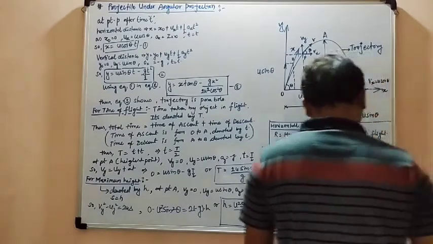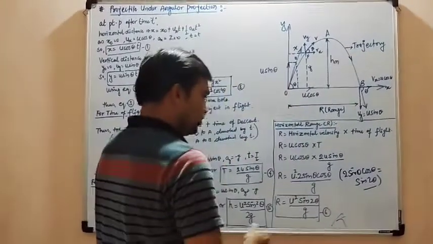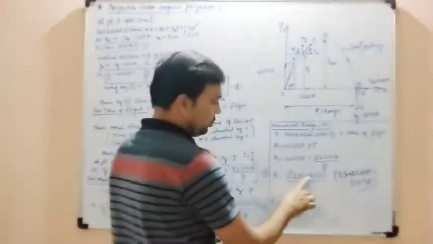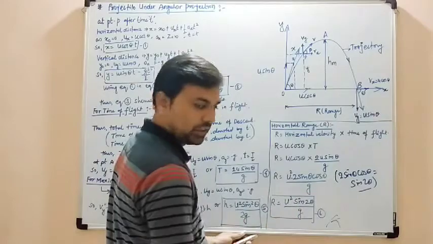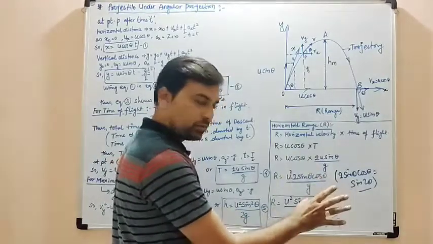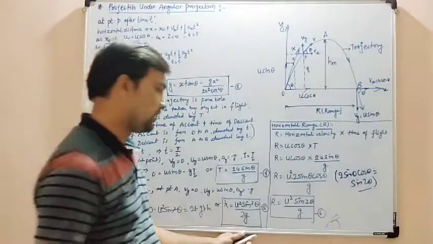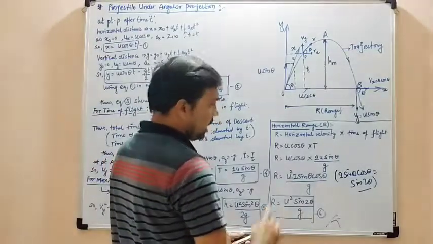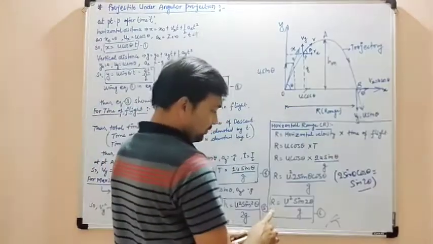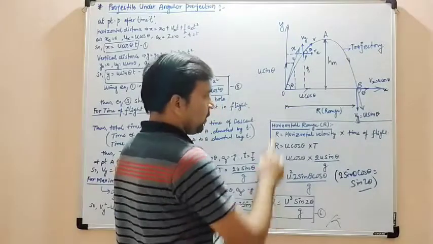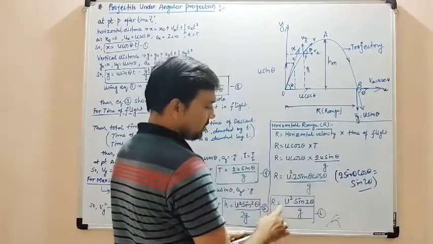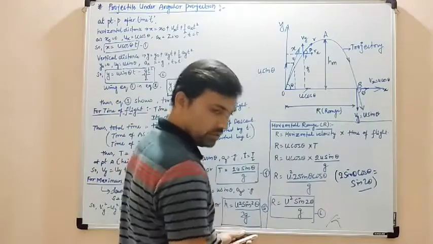It's a trigonometric identity through which you can replace 2 sin theta cos theta by sin 2 theta. This is also correct, but this is a simplified form and the last expression. So equation number 6 shows that the horizontal range of a particle from O to B is given by R equals u square sin 2 theta upon g.